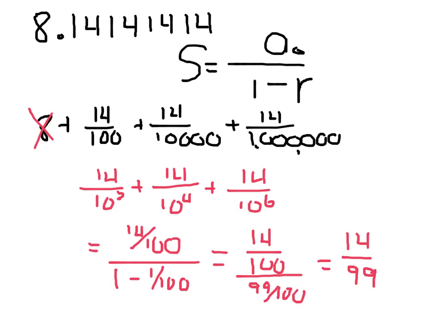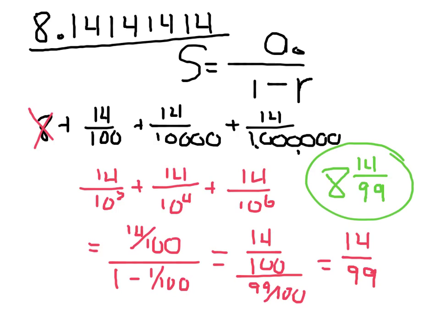And if I just toss the 8 back in, I end up with 8 and 14 over 99. Now you can double check that on your calculator, but if you take on your calculator 8 plus 14 divided by 99, it comes out 8.14 repeating. So I just use a convergent series to turn this into this.